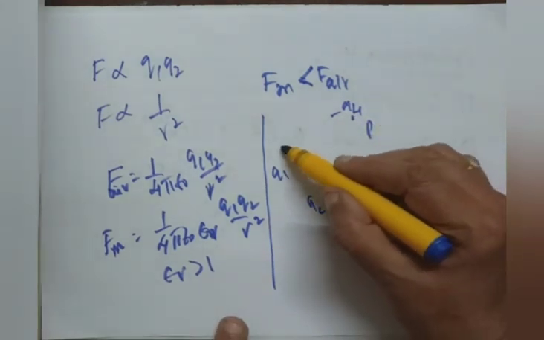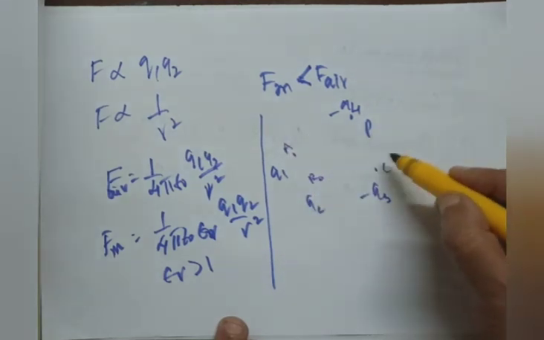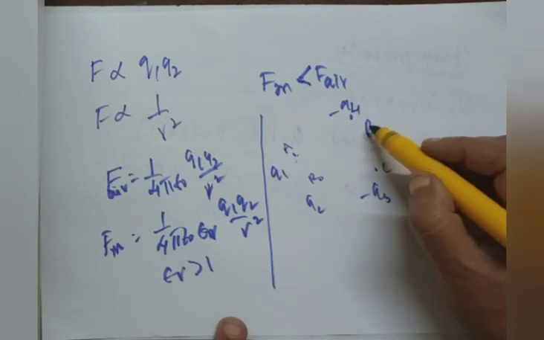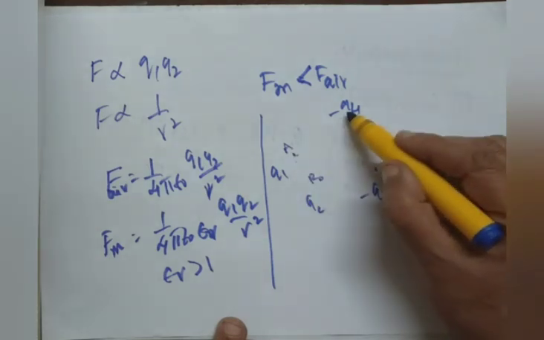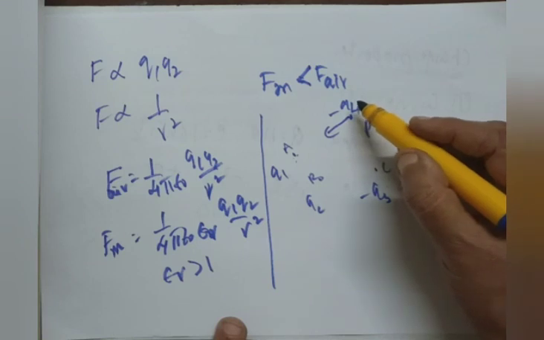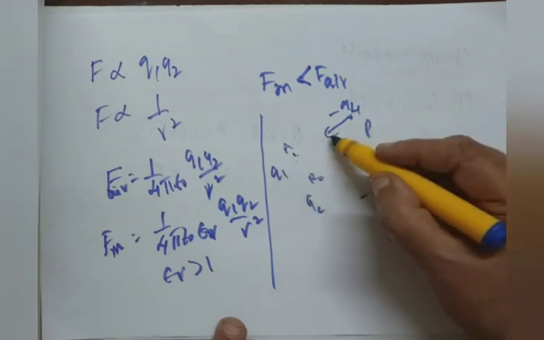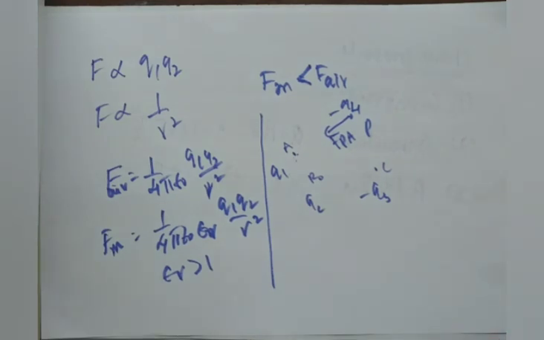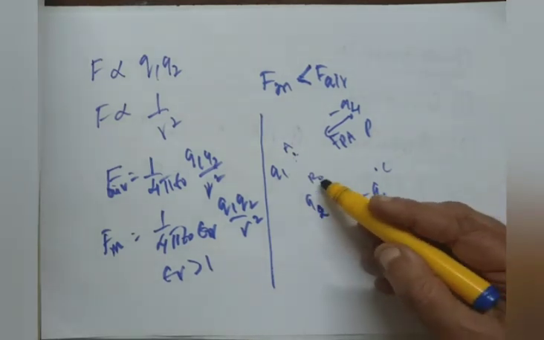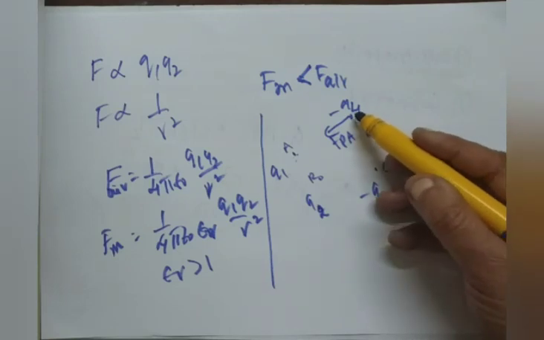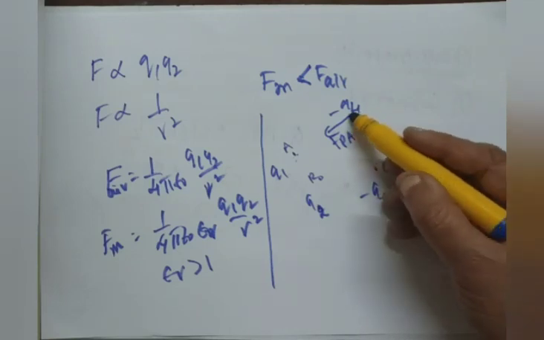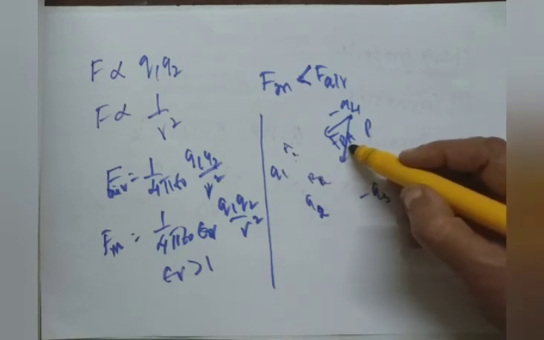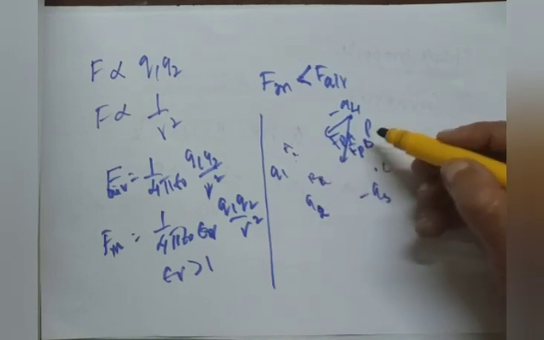Observe this A, B, C: we call them Q1 at A, Q4 at P. Minus Q4 and Q1 attract each other. So the force on minus Q4 due to A, that's why I write FPA, is towards A. And Q2 is positive and minus Q4 is there again. This is also attractive towards Q2 and it is FPB we call.